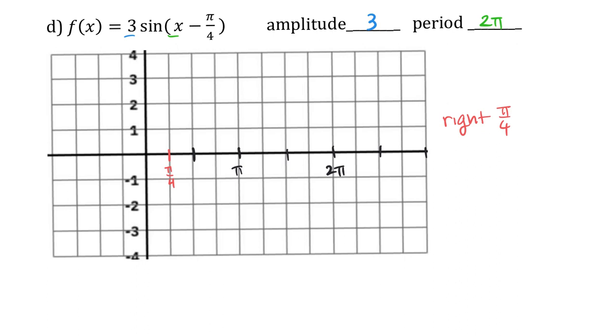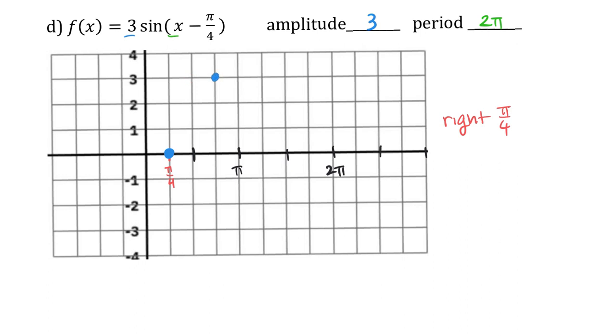Okay, now normally for sine, we start at 0. But instead of starting at 0, I'm going to go right pi over 4. So now I'm going to start here. Okay, normally I go up to the 3 here. But instead of it being here, I need to go right pi over 4. Pi over 4 is 1 space. So I'm going to go over here.